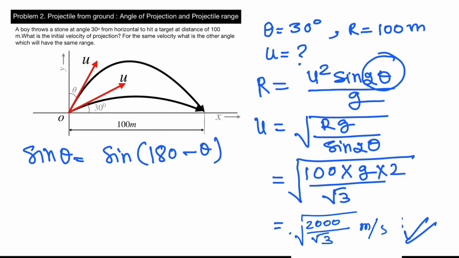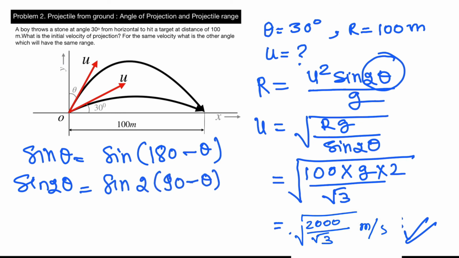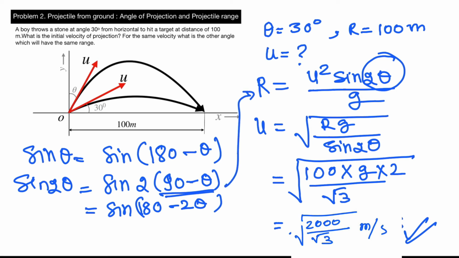So we can write sine 2 theta as equal to sine 2 into 90 minus theta, right? And this becomes sine 180 minus 2 theta, which is equal to sine 2 theta. So it means if we project the projectile or the object at angle 90 minus theta, it will also reach the same distance from its starting point.